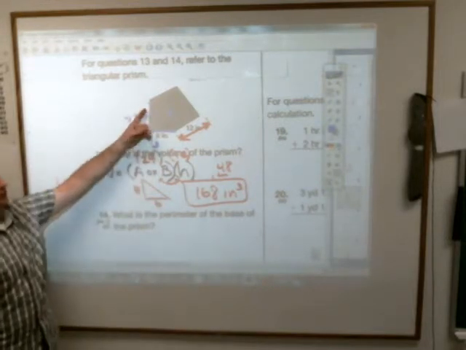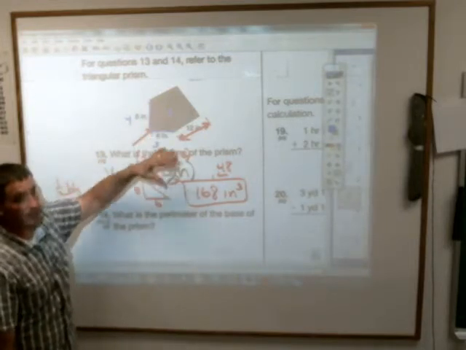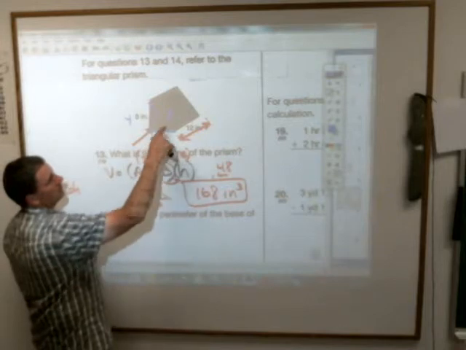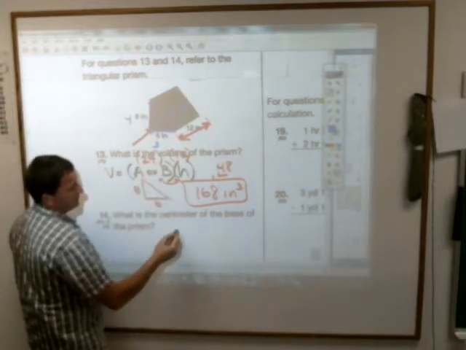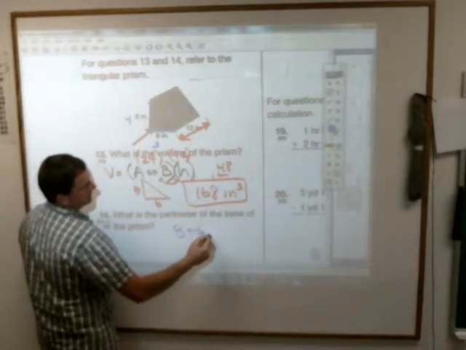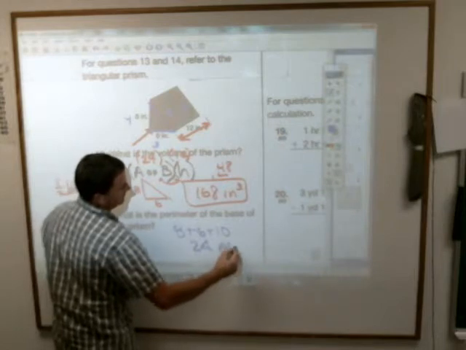But again, to figure out the real hypotenuse, this is the base triangle. I have to double it to go back to my original. So double 5, it's 10. So it's an 8, 6, 10. 8, 6, and 10 for the side. 24 is its perimeter.